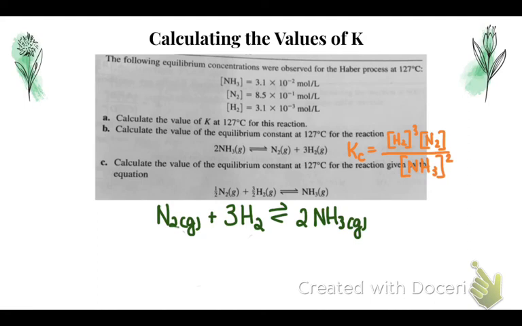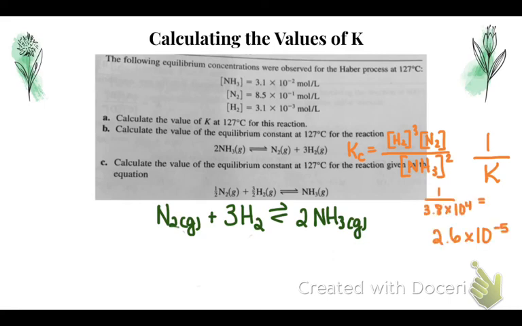Now I have ammonia as a reactant in the denominator, and in the numerator I have the now products because we're in the reverse. So basically, this is just taking the reciprocal. I can take the K value that I already calculated and do 1 over K. That's going to give me the new K value for the reaction in reverse.